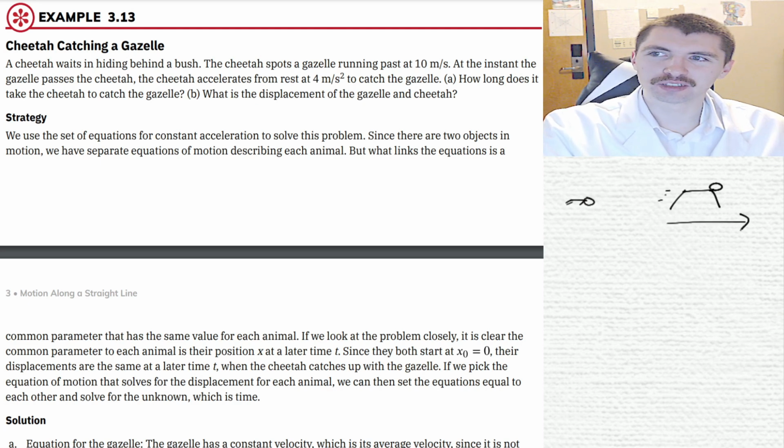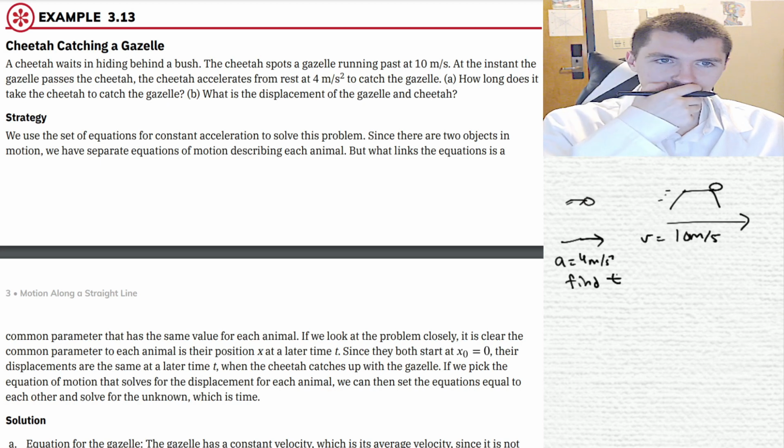So V is 10 meters a second. The cheetah is going... so we want to find t and displacement.